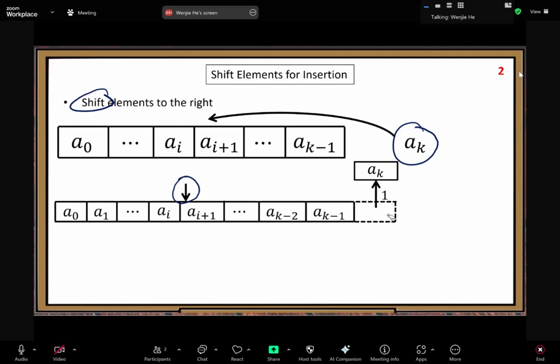All right, but we want to move the element in this location to its destination location. So to do that, we lift it. We store it in a temporary location.